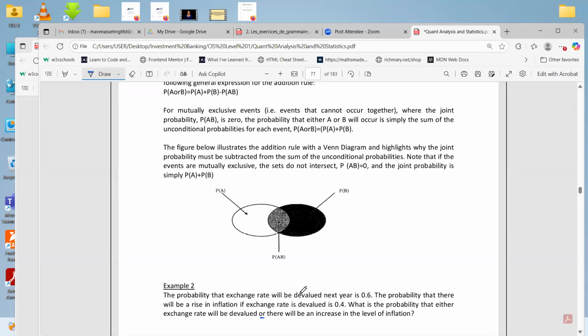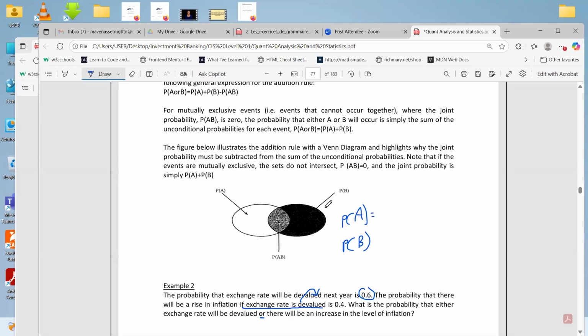The probability that there will be a rise in inflation if exchange rate is devalued, based on this, this is the condition. This 0.6 will be our probability of B, the condition that has to be set in place. So what is the probability of A then? Probability of A if B is put in place is 0.4 here.